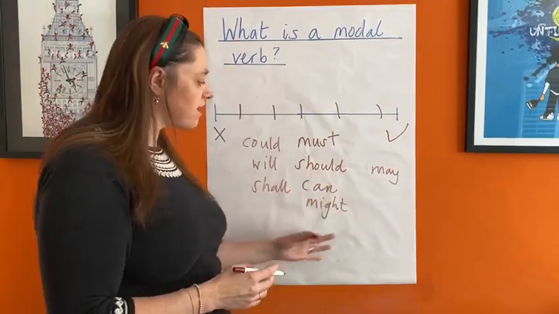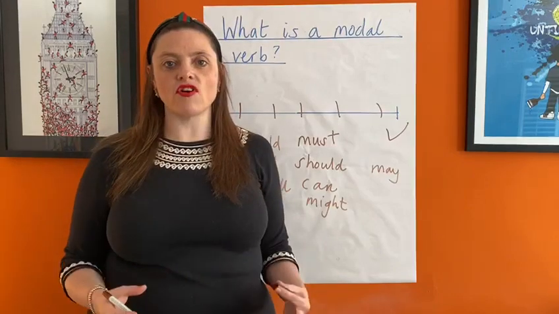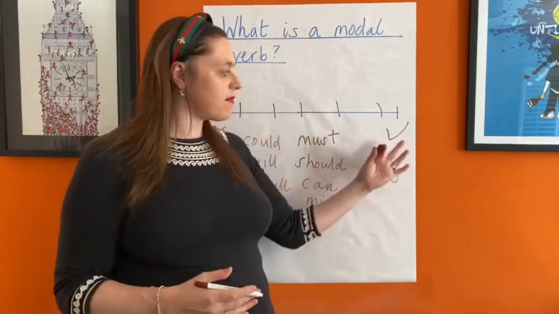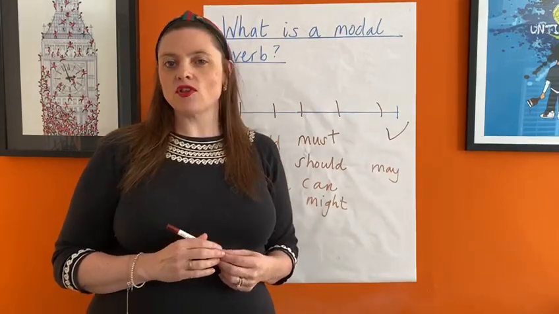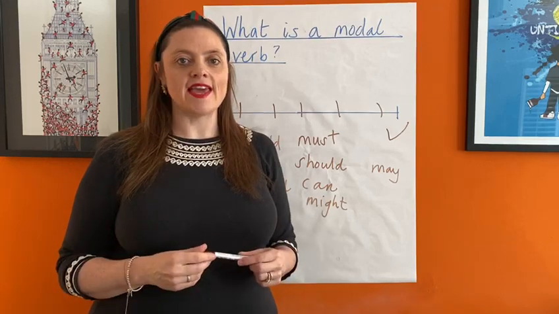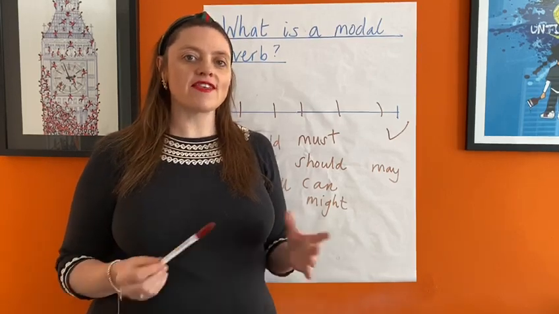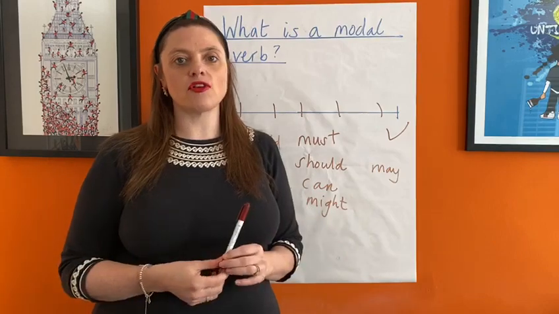So if we were looking at those and we were saying which one is the strongest modal verb, which one is most likely to happen, which one shows us the most possibility, then you could put it in the context of a sentence. That's what I always say to the children in my class.